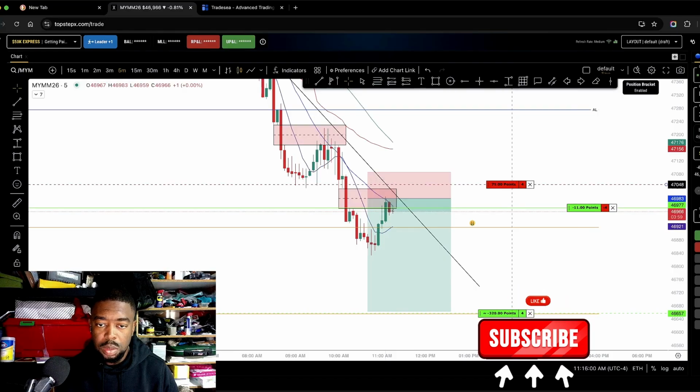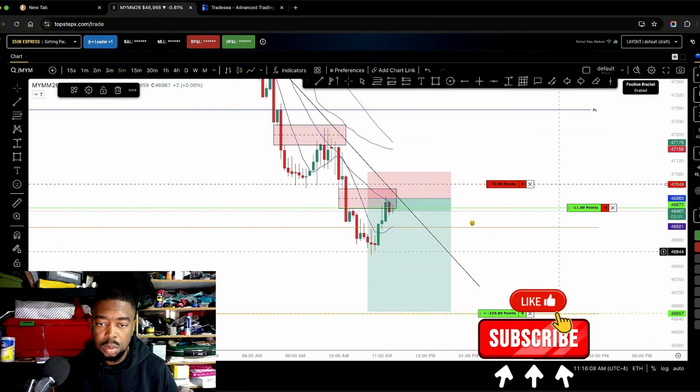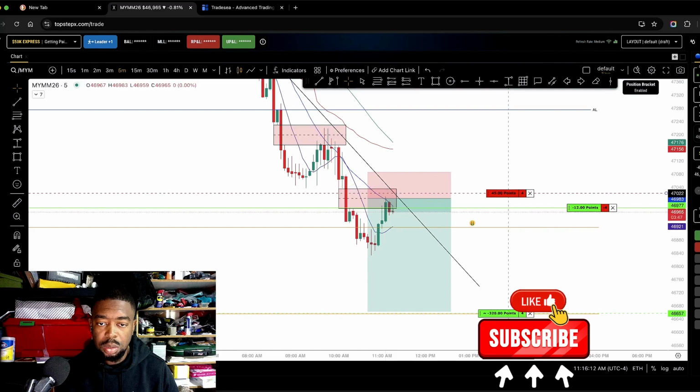Again, I don't want to see a flip back to the upside. You want to hold that 20. If we can't hold that 20, I don't want nothing to do with this trade, because we need to push down.